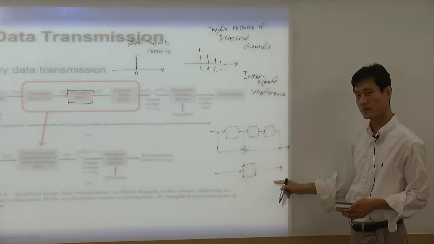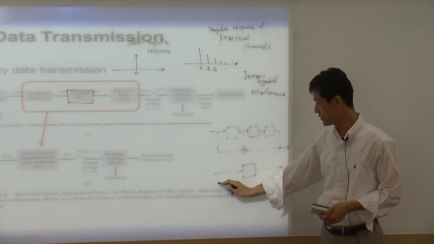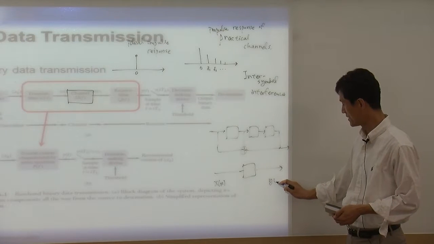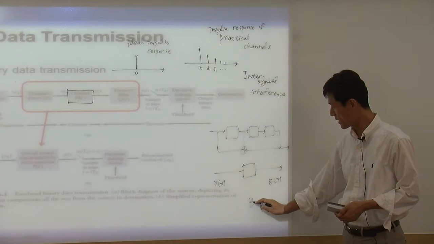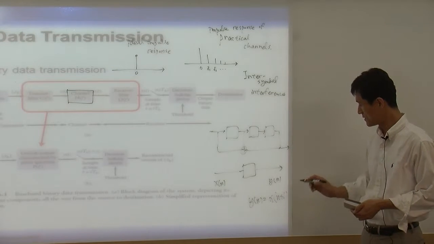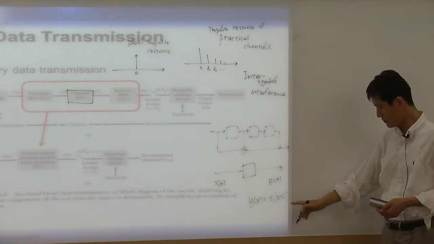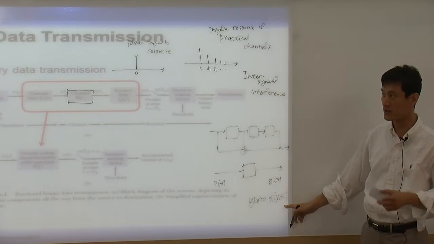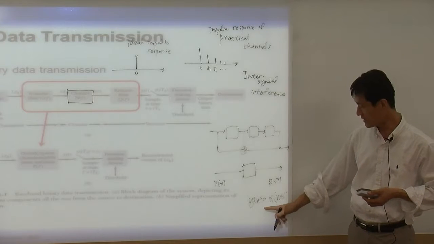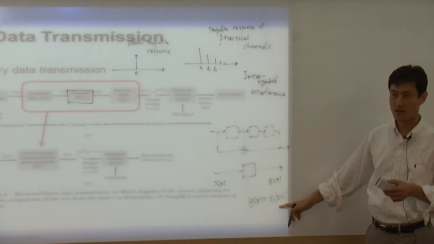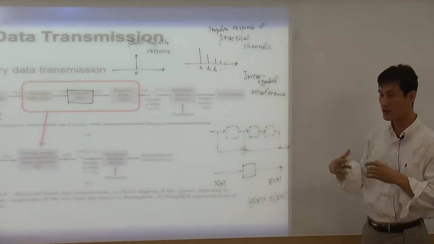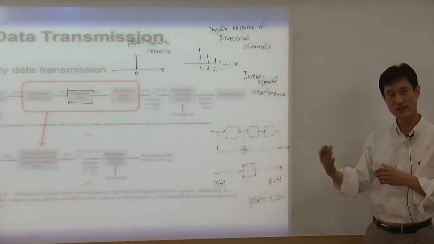Then what's the relationship? You have input, let's say input is x[n], output is y[n]. Then output is always the same as input, but you have one delay, right? Because of this, you have a delay. But in this case, you have a delay, but there's no ISI, no intersymbol interference, just a delay.